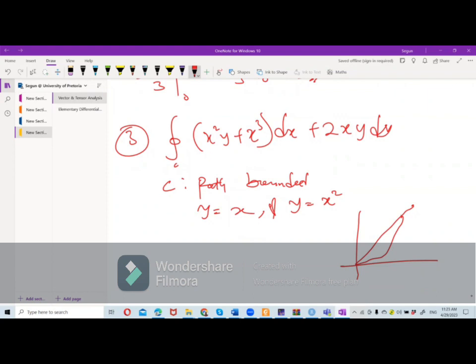Remember that at this point, this is where y equals x.